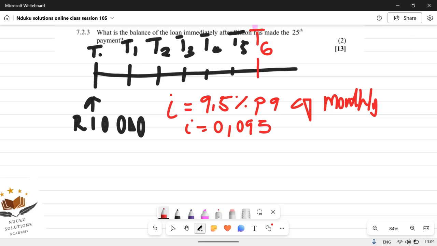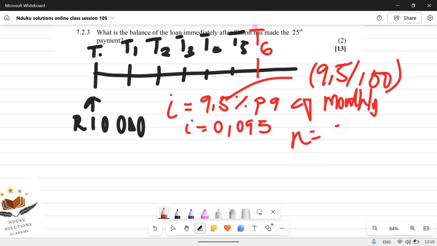We just divided 9,5 by 100, because we cannot put it in the equation if it's in percentage. And then the period will just be 5 because he was not paying for 5 months. So we want to know how much is he now owing the bank before he starts paying it.